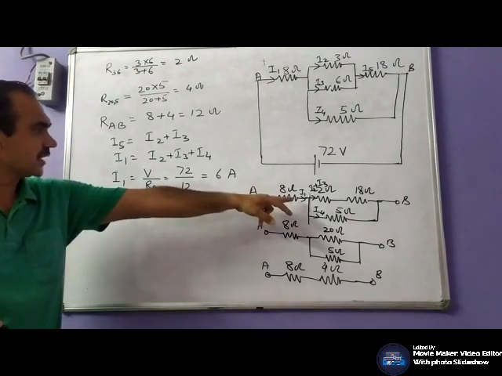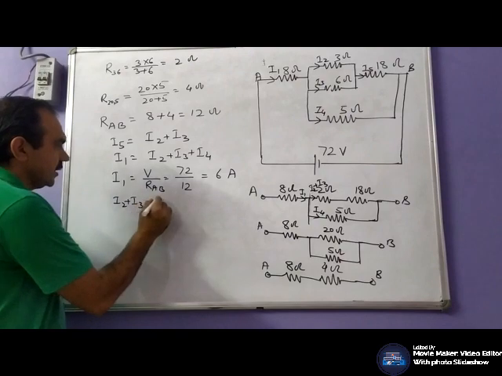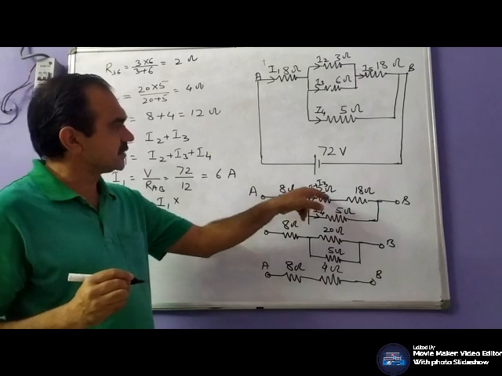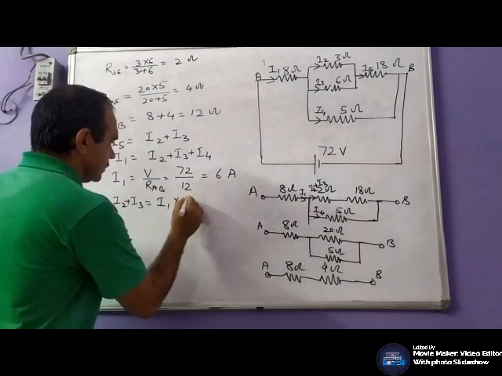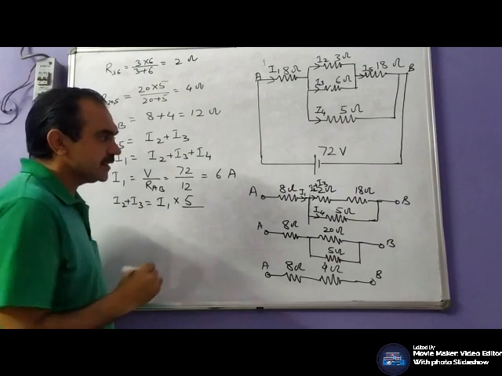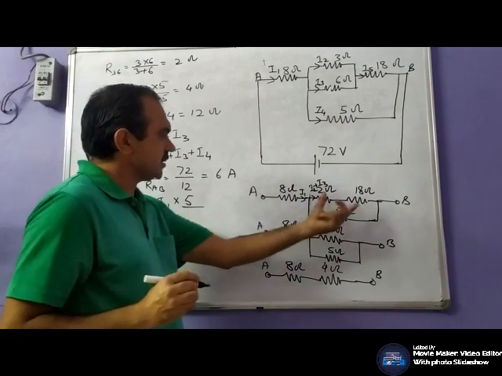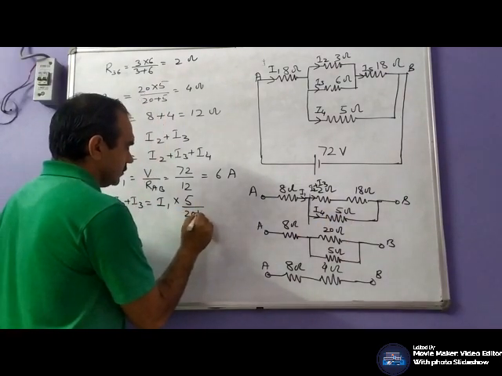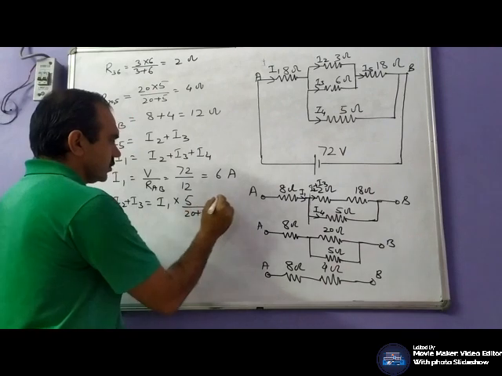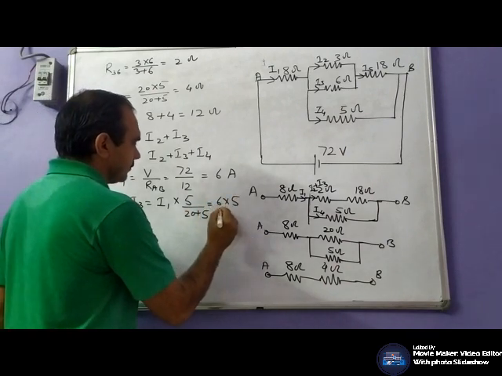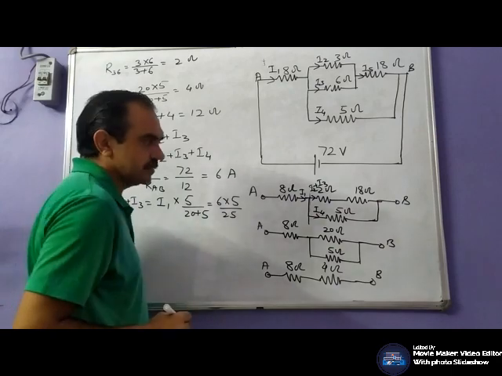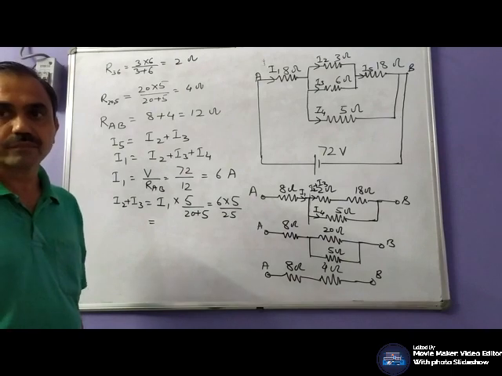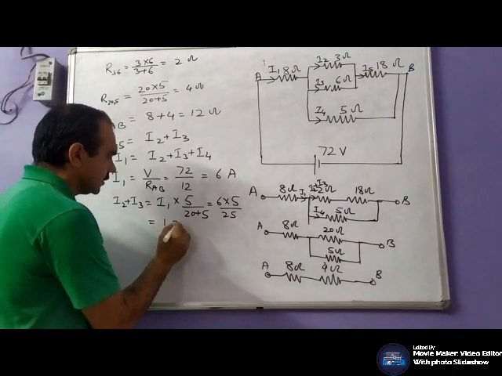Total current, which was I1, into the resistance of the other branch, 5 ohm, divided by the sum of the resistances. This branch had 20 ohm, so 6 into 5 divided by 25, which is 6 by 5, 1.2 ampere.